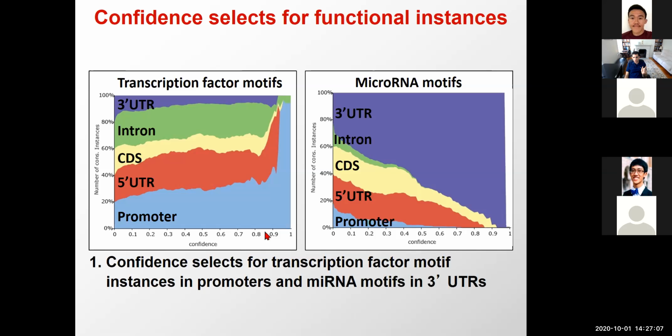To get 80% confidence with a long motif, I just need a few species. To get 80% confidence with a short motif, I need many, many more species. Okay, so that's where confidence comes in. But now at a given confidence threshold, I can say, where are the instances that are 80% confidence occurring in the genome?